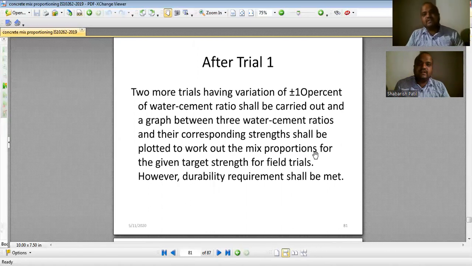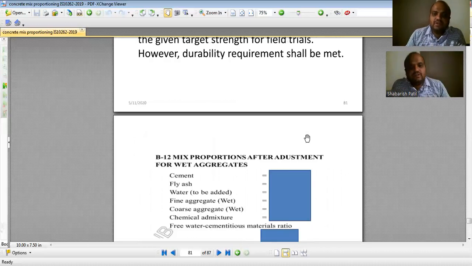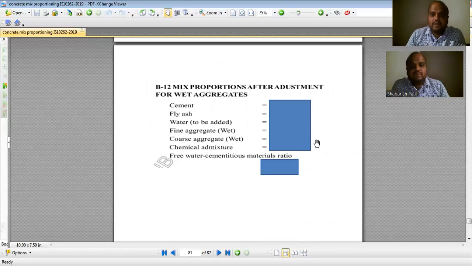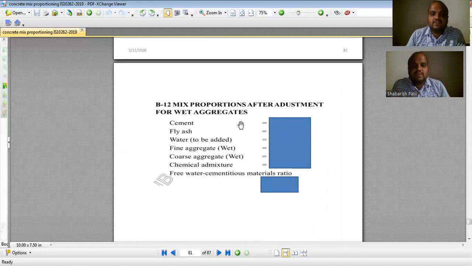After achieving all these values from trials 1, 2, 3, 4, then you should give your mix proportion. Then you should report the mix proportion after adjustments for wet aggregates: cement, fly ash, water, fine aggregate in wet condition, coarse aggregate in wet condition, chemical admixtures, cementitious materials, and water to cementitious materials ratio.